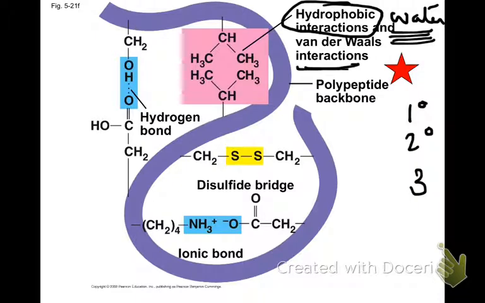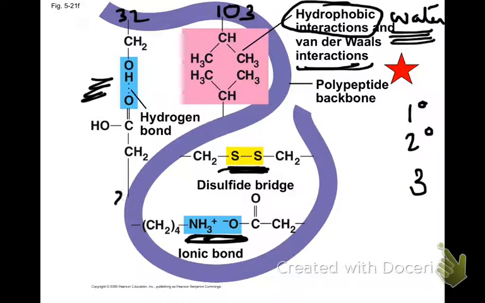Then you can have van der Waals interaction. Then you can have further hydrogen bonds. You can have disulfide bridges like I told you, or you can have an ionic bond. So this might be amino acid 32, this might be 103, this might be amino acid 246. I'm just giving you examples randomly. This might be amino acid 320. This might be amino acid 465.